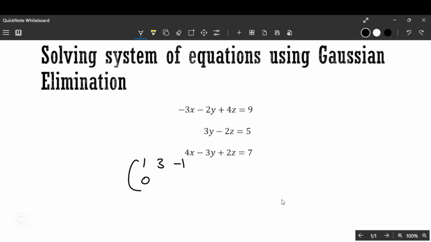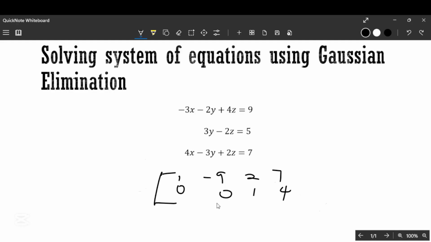Okay, now let's look at a different case and determine whether the matrix is in a row echelon form or not. So this particular question, let's look at it: 1 negative 3 2 7, 0 0 1 4, 0 1 7 negative 6. Now we are saying that this matrix is not in a row echelon form. Why?